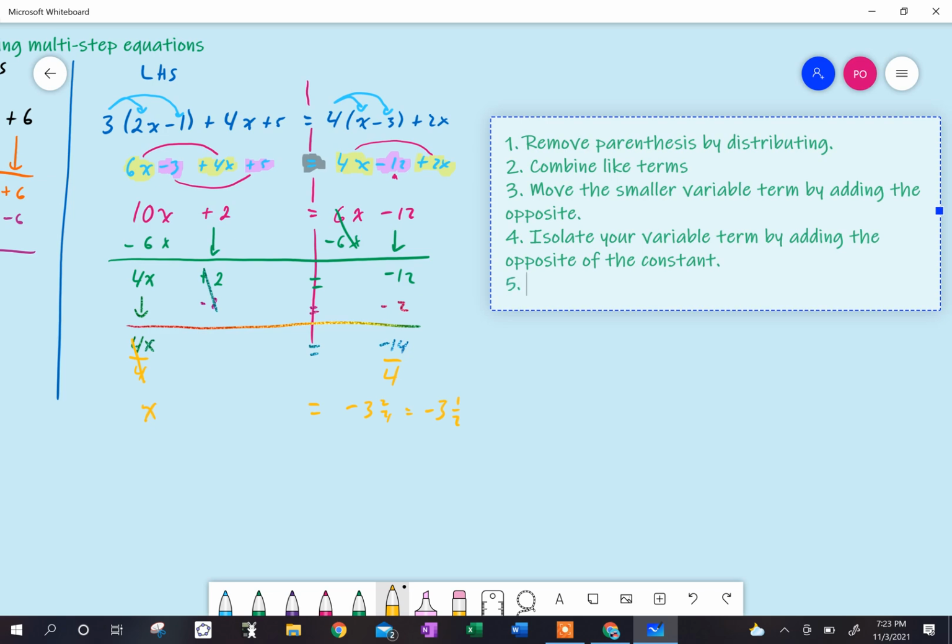And 5 is going to be divide by the coefficient of your variable term.